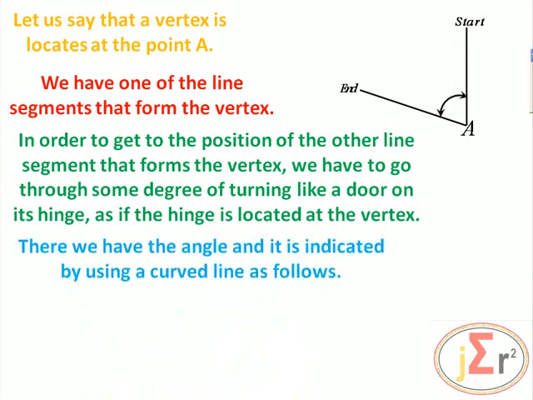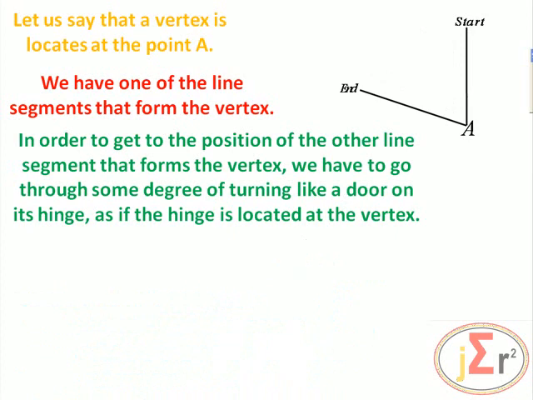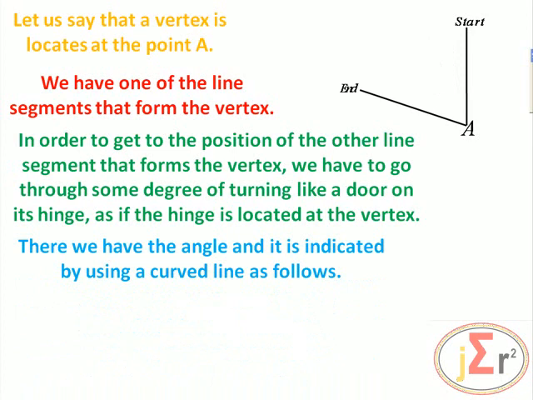There we have the angle, and it is indicated by using a curved line, as we have it right there. So we have our degree of turning, which will be the angle that is formed by those two line segments.